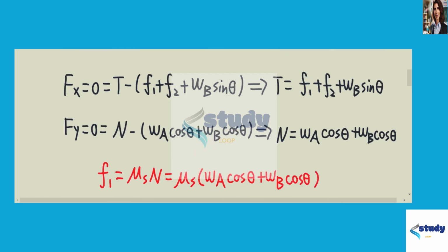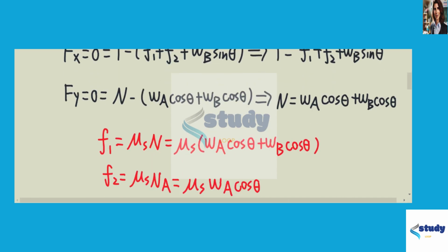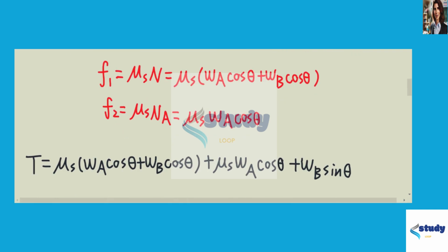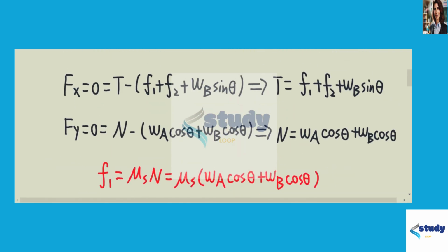And we know F1 is the static friction between block B and the surface. Therefore, F1 is equal to mu S N, which is equal to mu S times WA cosine theta plus WB cosine theta. And F2 is the friction between block A and block B, which is mu S NA. NA is the normal force from block A, so F2 is equal to mu S WA cosine theta.